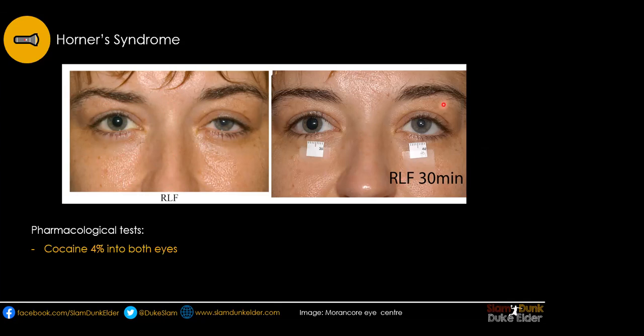But in an eye with Horner syndrome, the neurons aren't producing any noradrenaline because the activity of the neurons has been cut, essentially. So when you apply cocaine into the affected eye, there's no noradrenaline to build up in the synapse. There's no noradrenaline to cause a sympathetic response and a dilation of the pupil, so it remains constricted. I hope that makes sense.